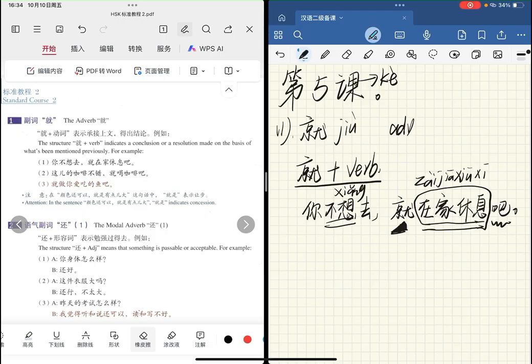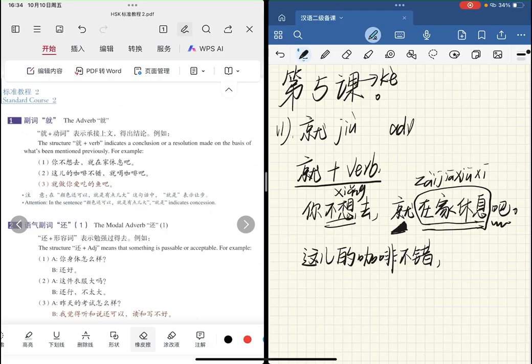Okay, continue. The next sentence. 这儿的咖啡不错。Okay, the coffee here is very good. 不错 is pretty good.